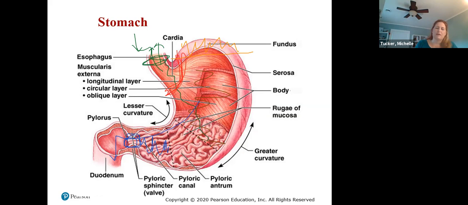The purpose of this pyloric sphincter is to not overwhelm the duodenum with acidic contents, because we'll get base secreted, which we'll talk about later, to neutralize the contents, but we can only secrete a small amount at a time so that we don't also burn the duodenum. All of that gets covered at a later date.